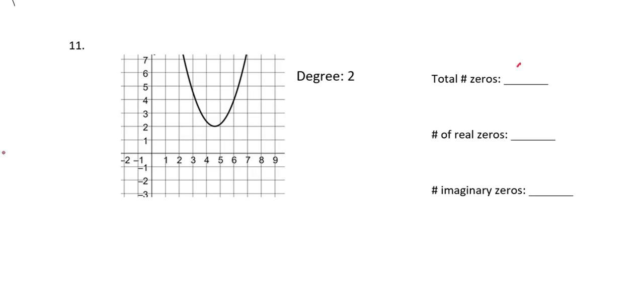Degree 2, I have 2 zeros. I do not have any x-intercepts, so that means I do not have any real zeros, so I have 2 imaginary zeros. And just as a quick reminder, when we talked about these type of problems that did not have any real zeros, we knew that the discriminant was negative.